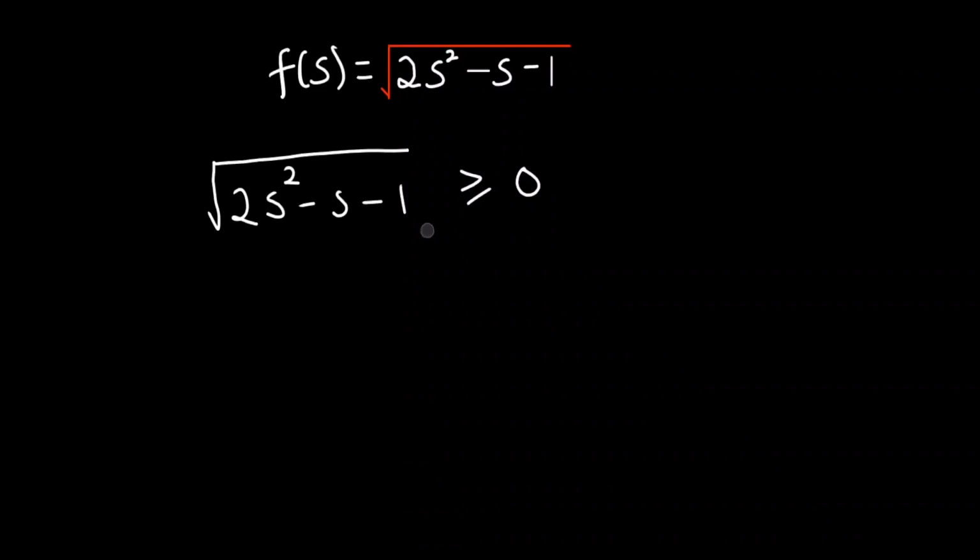And when we square both sides, the square of 0 is 0, and square will cancel our square root. We are going to have 2a squared minus a minus 1 greater than or equal to 0.